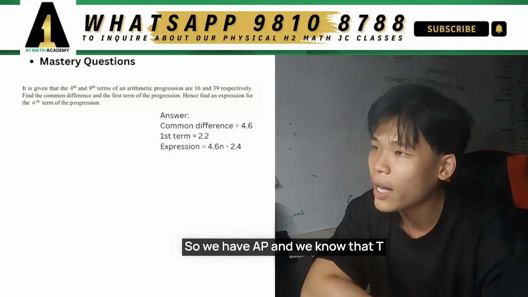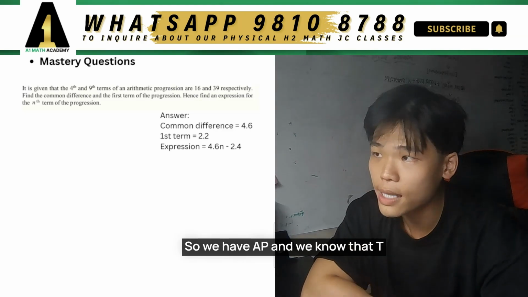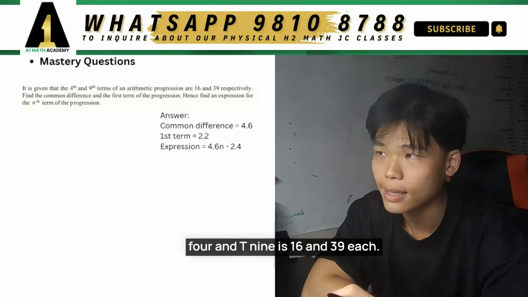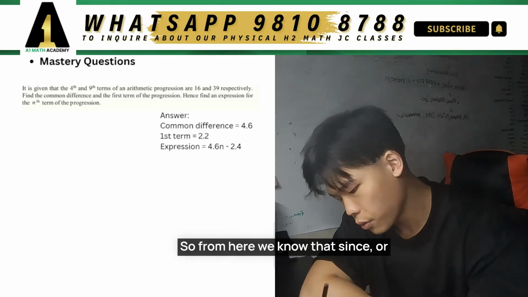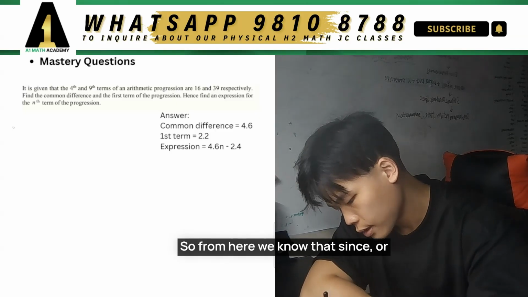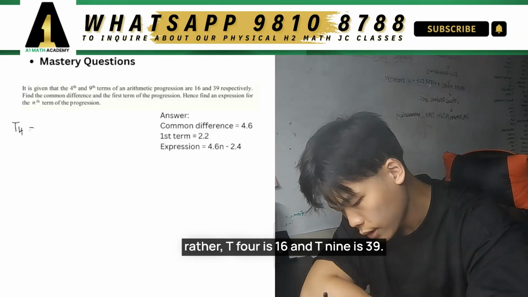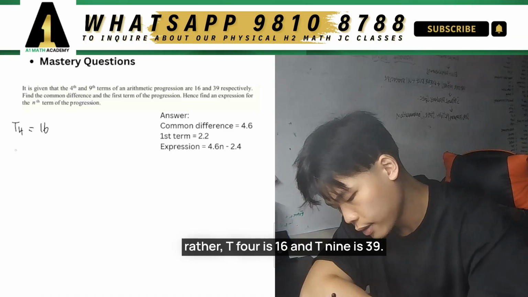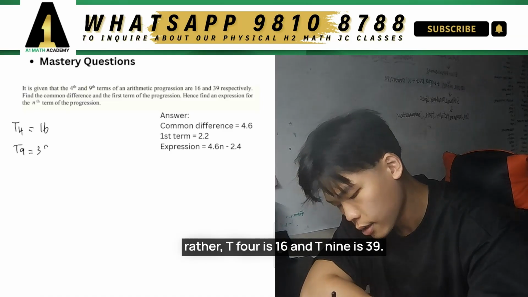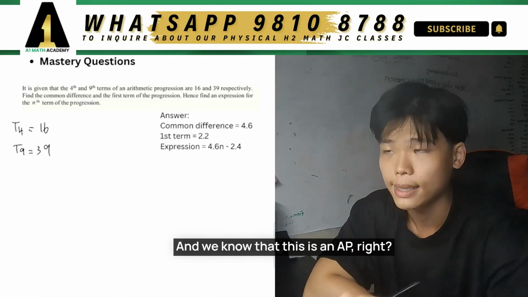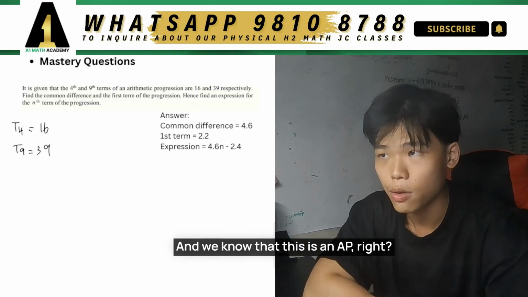So we have an AP, and we know that T4 and T9 are 16 and 39 each. So from here, we know that T4 is 16 and T9 is 39, right? And we know that this is an AP, right?